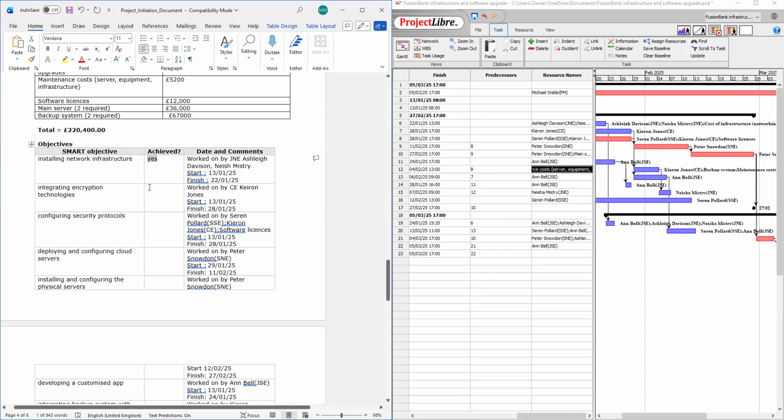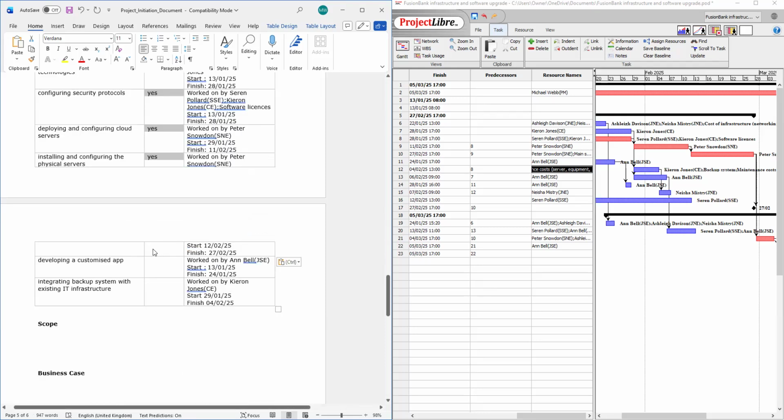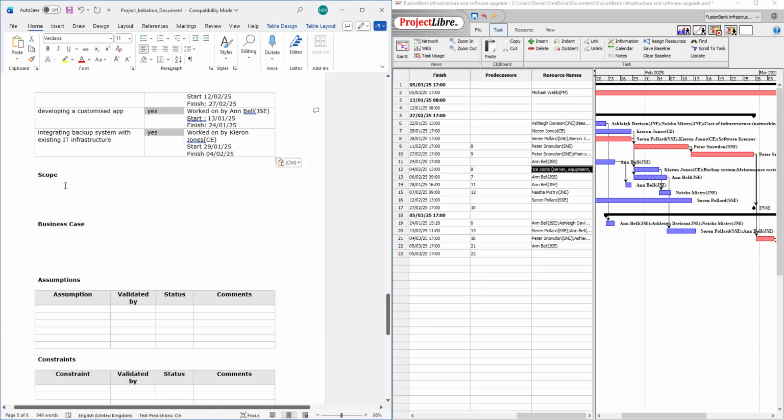So all I have to do now is just highlight all of these and just put yes. And the same down here. I'm just going to highlight them and then put yes. All right, easy, done.